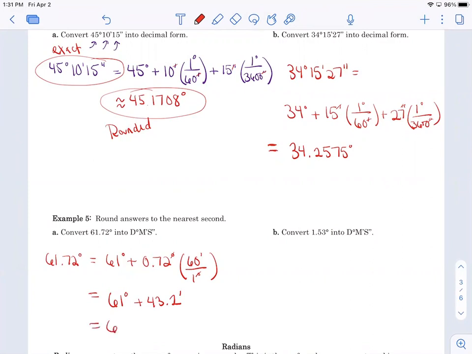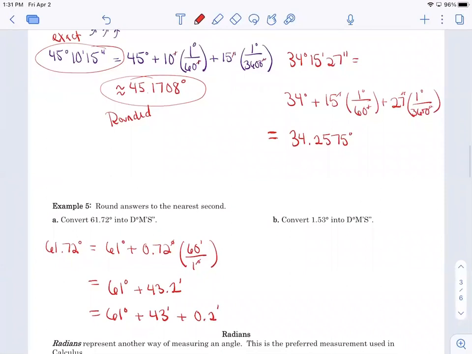So we have 61 degrees plus the 43 full minutes plus this fraction of a minute. I can put this into seconds because there's 60 seconds in 1 minute, so those units will reduce out. If I do that in my calculator, I'm going to get 61 degrees, 43 minutes, and 0.2 times 60 would be 12 seconds.